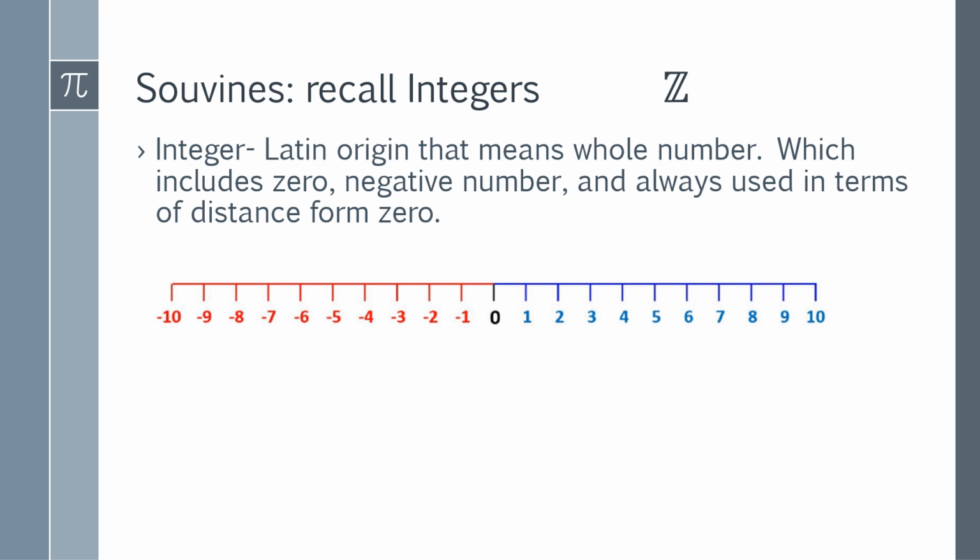So integers, which we denote as the symbol Z, which originated from Germany, Z being the German word for number, Zahlen. Anyway, integer, the word itself, comes from Rome, Latin origin, means whole number. What do you mean by whole number?